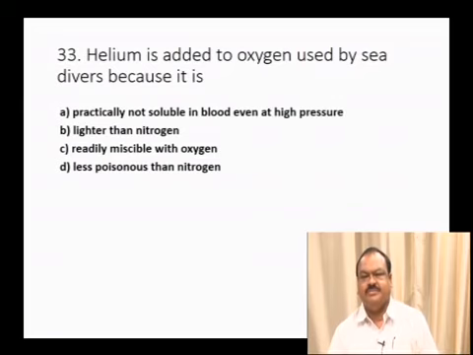Earlier, air was used, which contains oxygen as well as nitrogen, but at high pressure nitrogen dissolved in the blood. When a person comes out of the ocean, the absorbed nitrogen gas has to come out, which causes a severe pain called bends. To avoid that condition, nowadays helium is added to oxygen instead of nitrogen. The suitable answer is A.